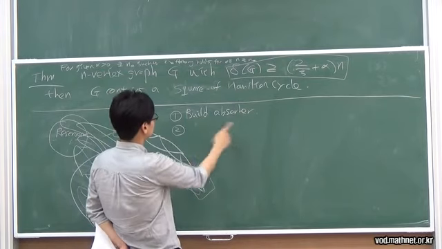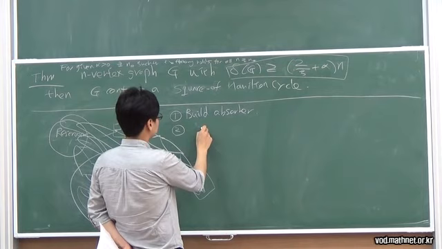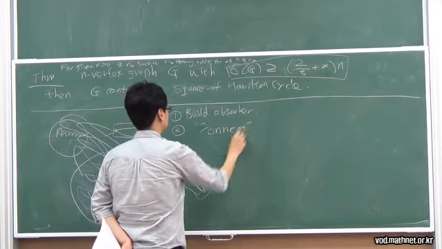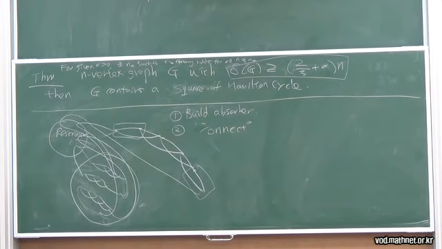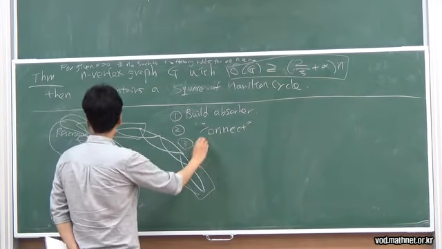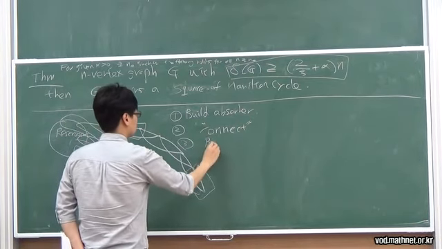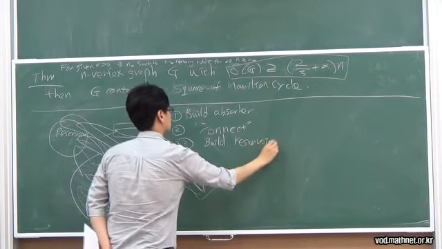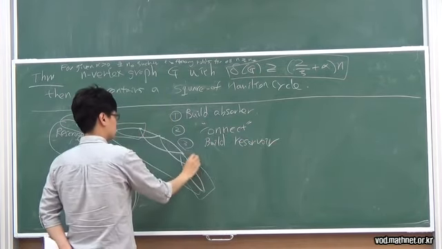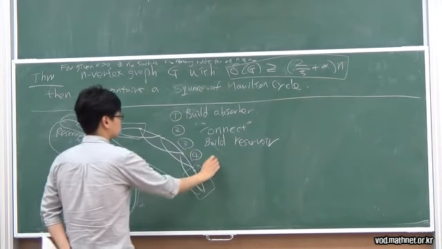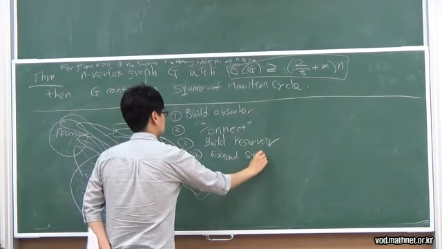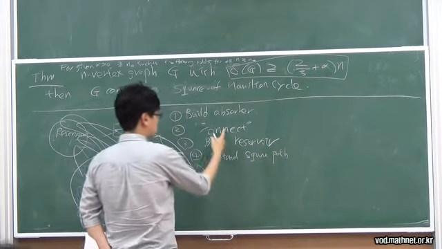How do I write this? Build an observer and connect. We should also build a reservoir, and we should also be able to extend square paths.